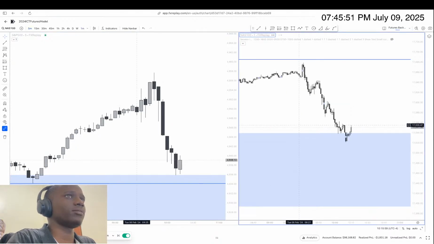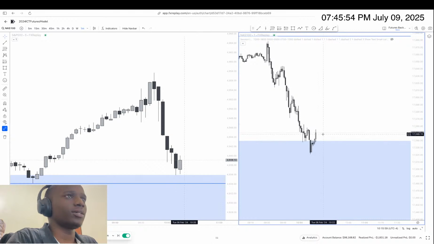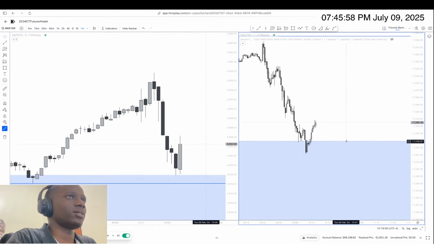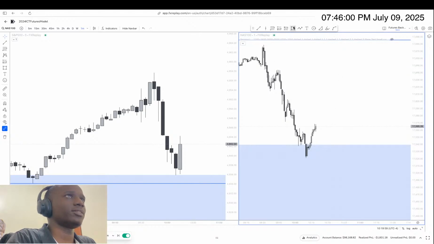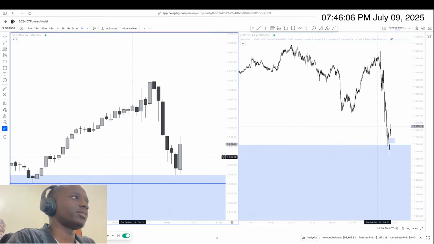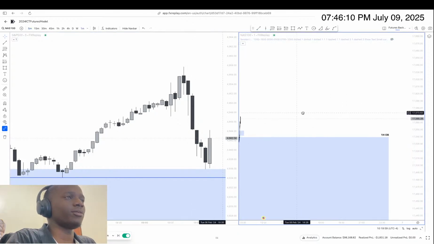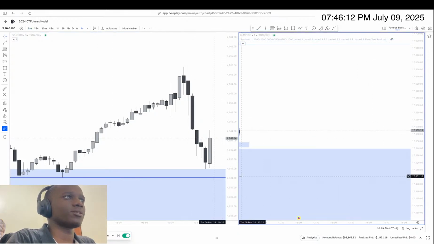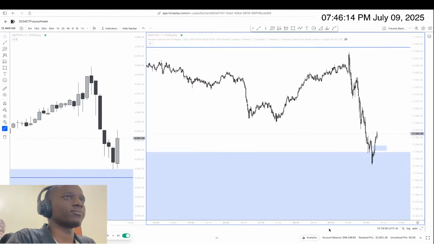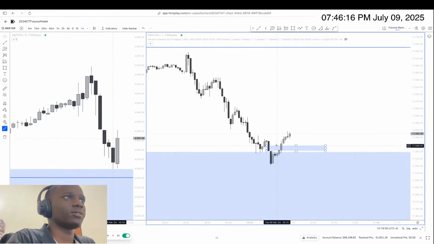Let's see how the 1 minute looks like. So here was the nice continuous drop. Let's see what happens. All right, so we inverse the gap. We create an inversion here. Did we take out the lows? No, we didn't. Here we also didn't take out any lows. The only low we took out was this one right here.